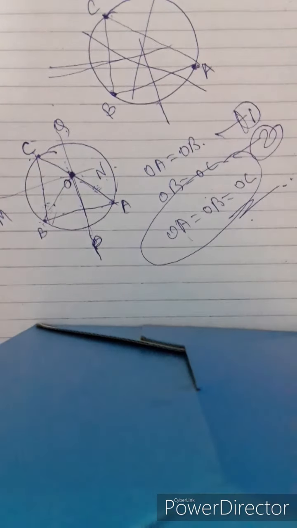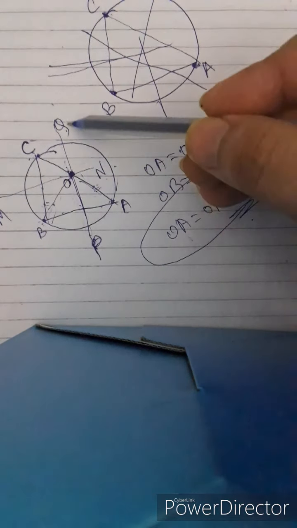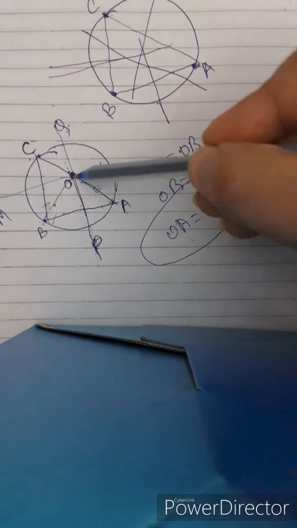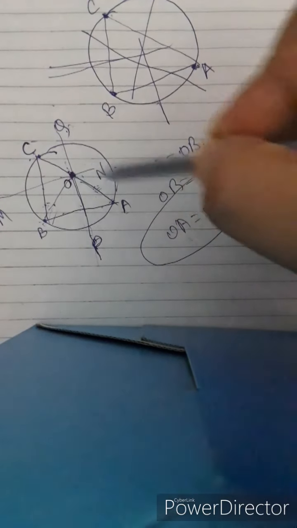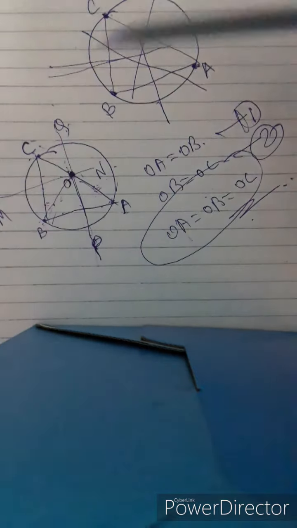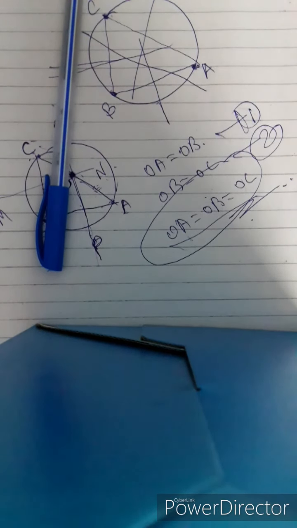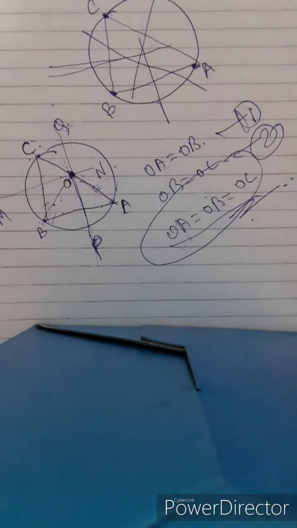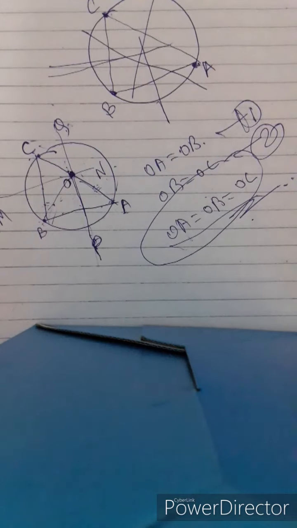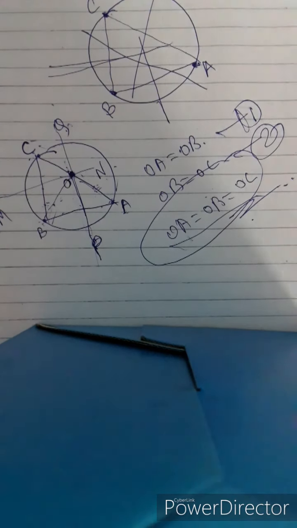The proving part is a bit tricky. We just have to take the perpendicular bisectors and prove that O is the center of the circle with OA, OB and OC as the radii. Since OA, OB, OC are radii of the circle with center O, it is proved that the circle passes through the 3 points A, B, C, and only one circle can be drawn like that. Hence this part is proved.